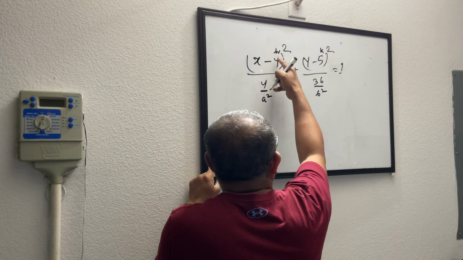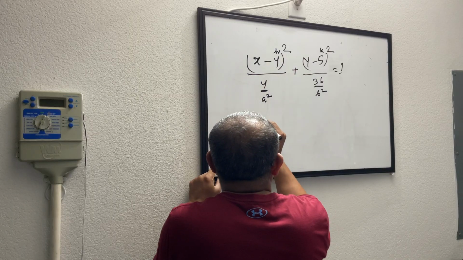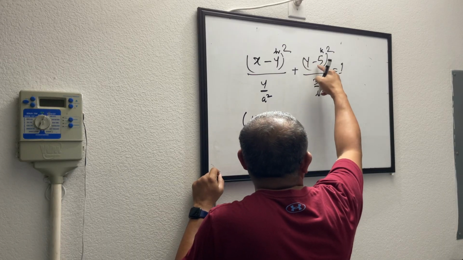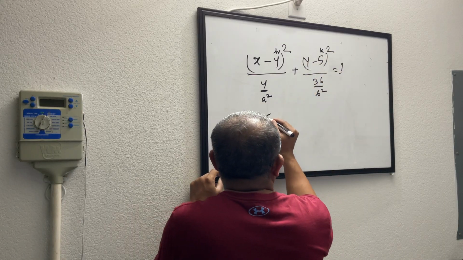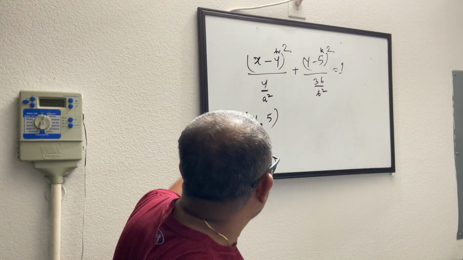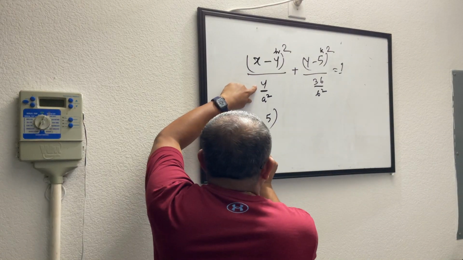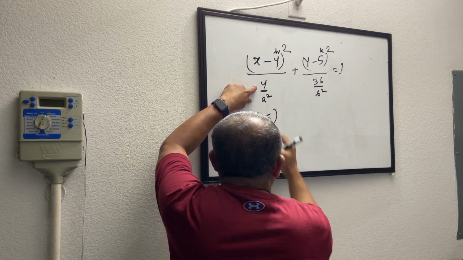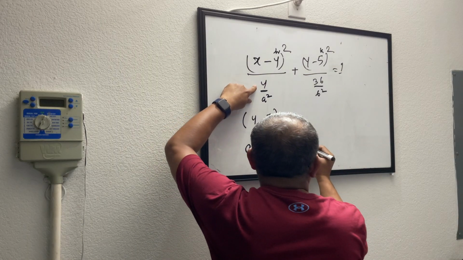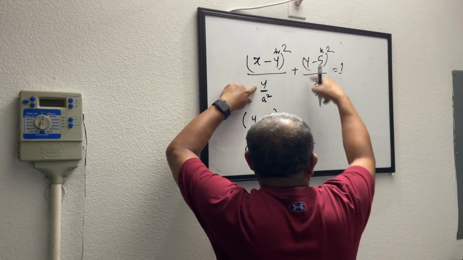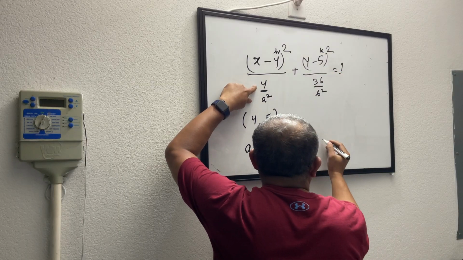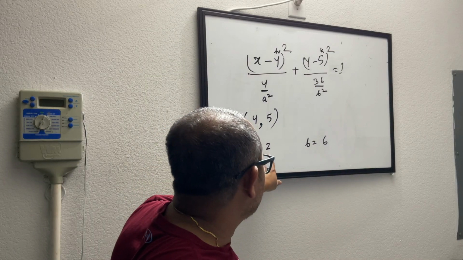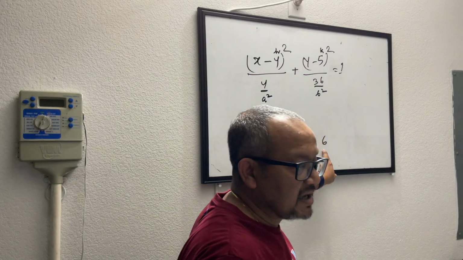X minus h, so the h value is already positive, so 4. Y minus k, this is y minus 5, so k is also positive here. So 4 comma 5 becomes my center, and this is a squared. So my radius along the x-axis is 2, since 2 squared is 4. Radius along the y-axis, because y divided by b squared is 36, so b is 6. So this is my radius along the x-axis, this is my radius along the y-axis.